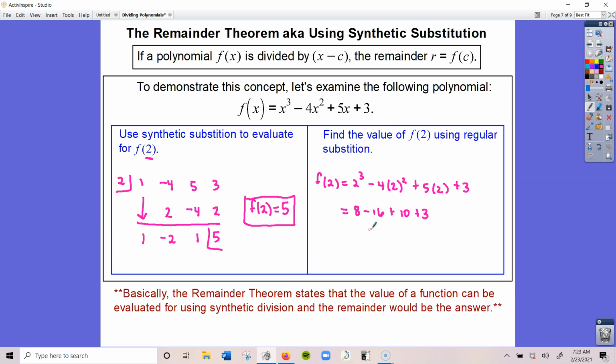Now 8 minus 16 is negative 8. Negative 8 plus 10 is 2. And 2 plus 3 is 5. So you see how you get the same thing.